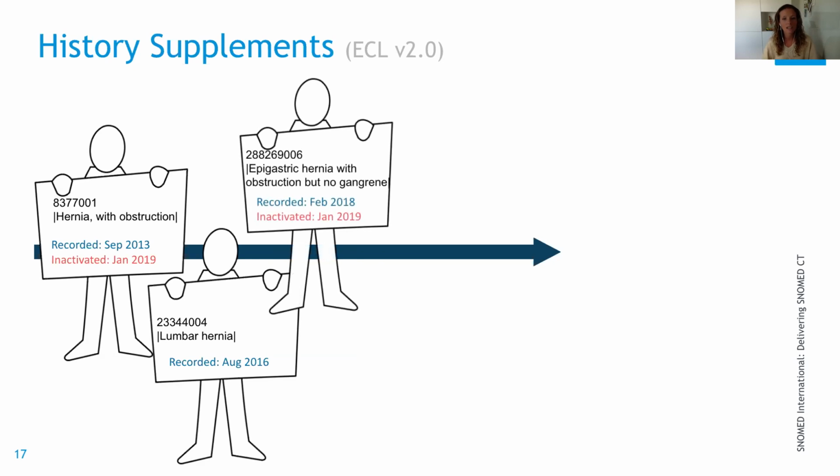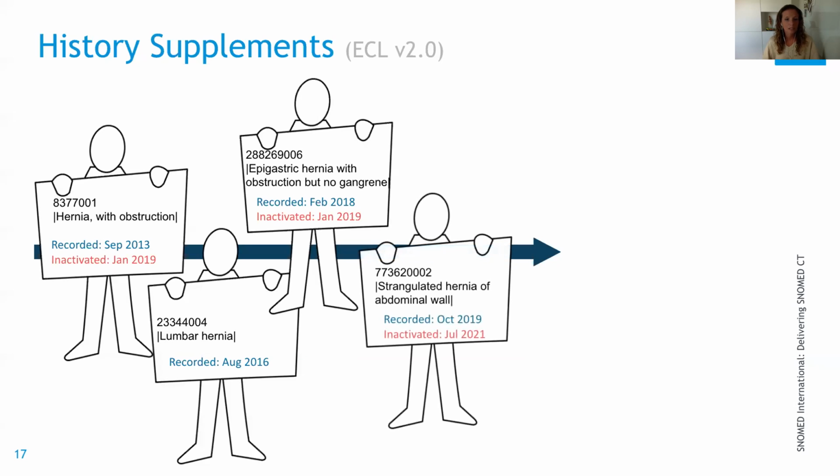Another patient was then diagnosed with an epigastric hernia with obstruction but no gangrene in 2018, and this concept was also inactivated in 2019. And so on, the same situation for this patient where the recorded concept was inactivated in 2021.